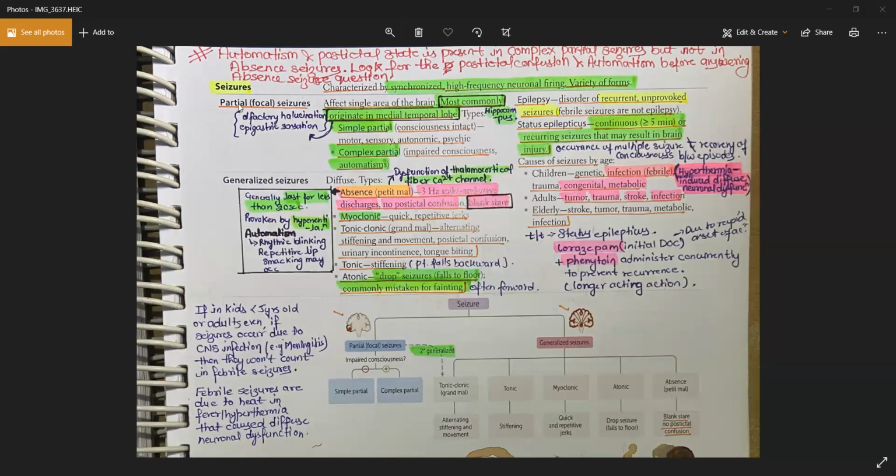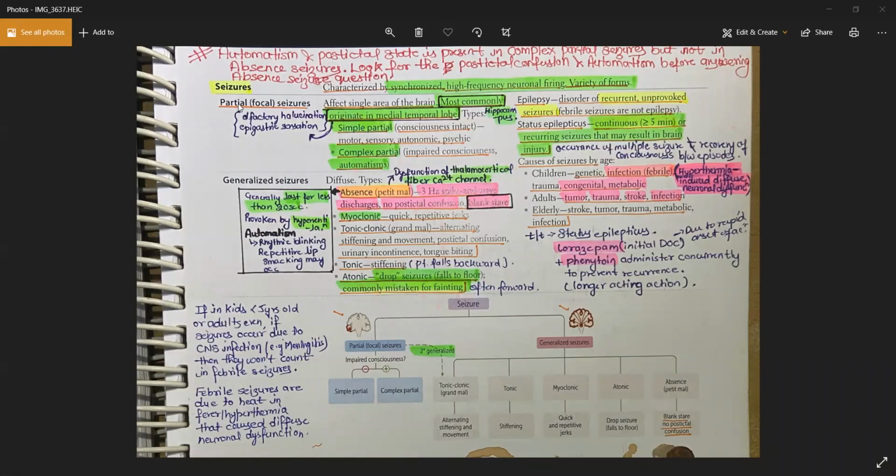Okay, so I gave you a basic idea of seizures before: it happens whenever a certain area in your brain becomes hyperactive. Whenever hyperactivity happens in that part of the brain, it will send impulses, and that will cause the symptoms.